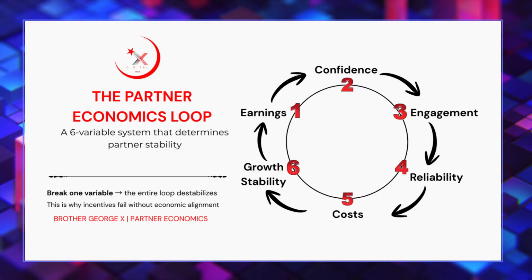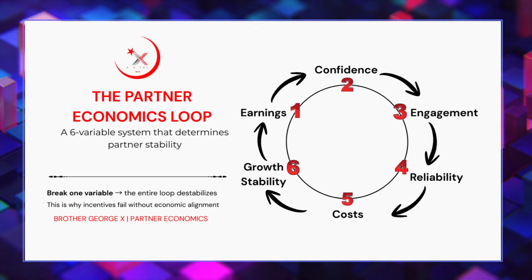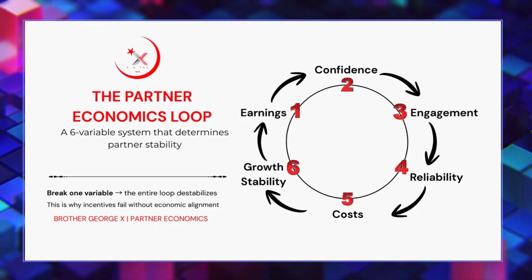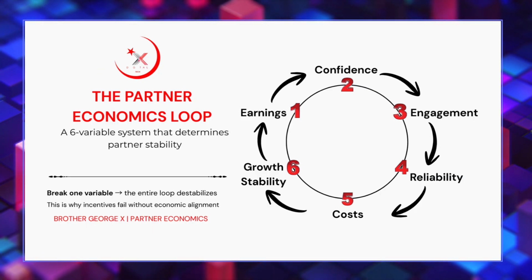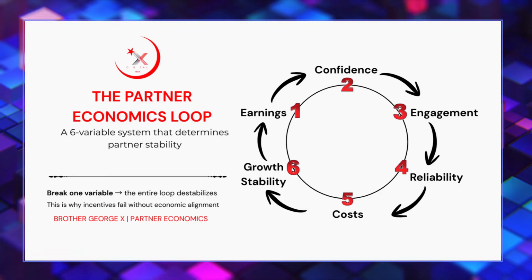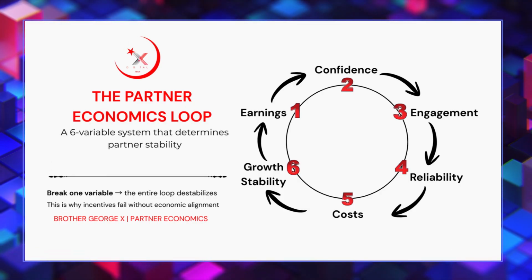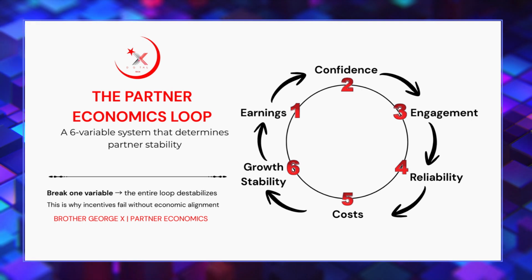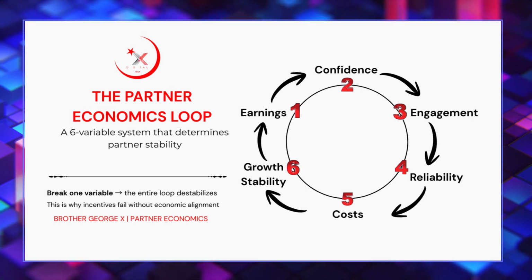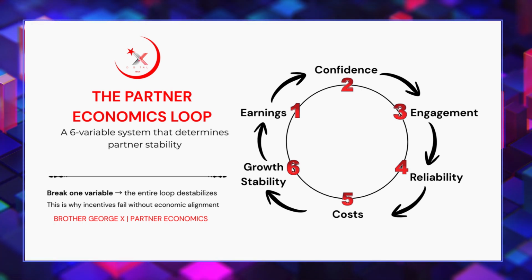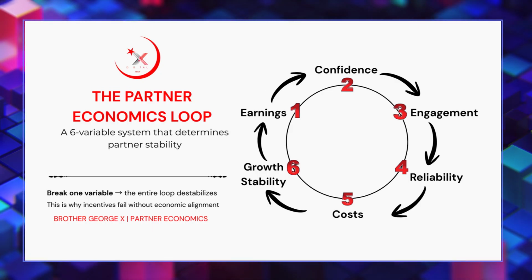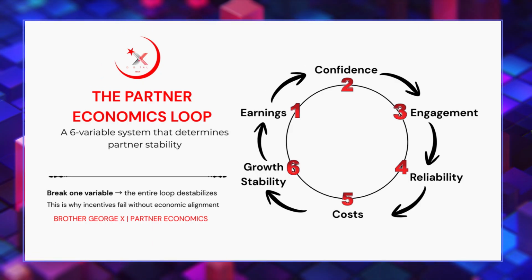5. Costs. More often than not we think of fuel, time, hard expenses. But the real cost is uncertainty, waiting, the opportunity cost of a missed gig. These costs are not static. They feel heavier when confidence is low. And finally 6. Growth stability.